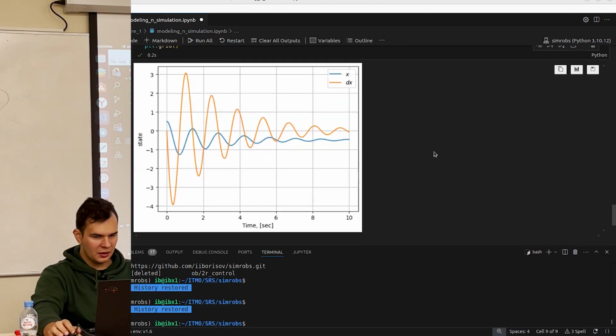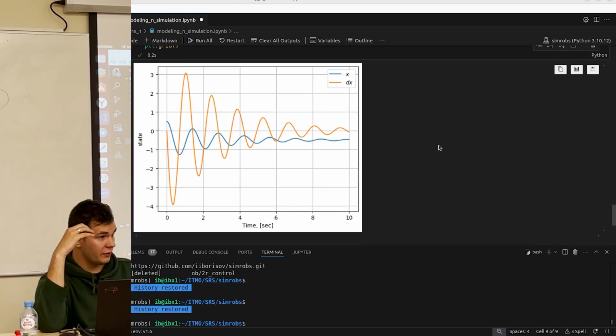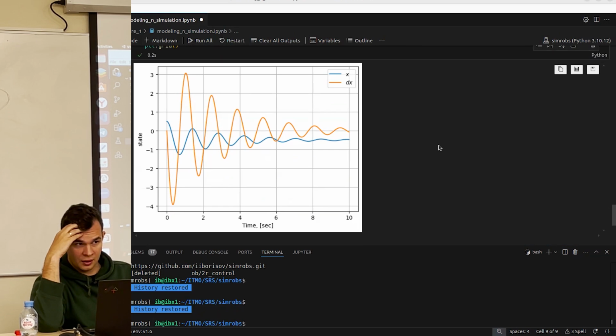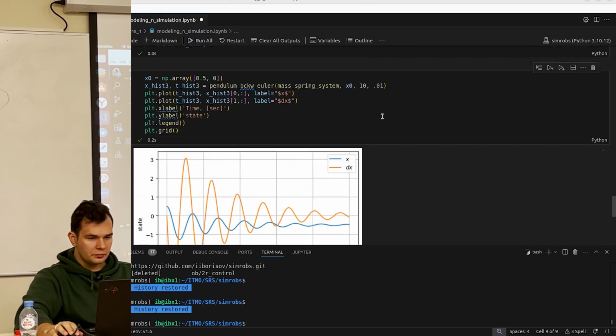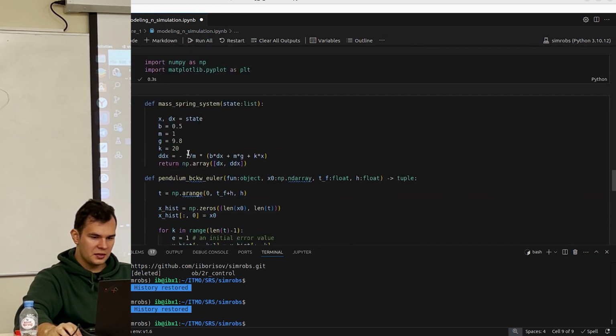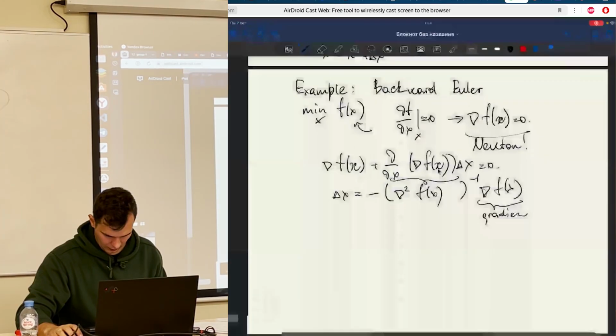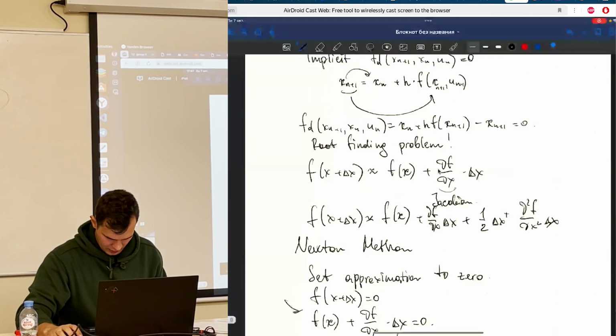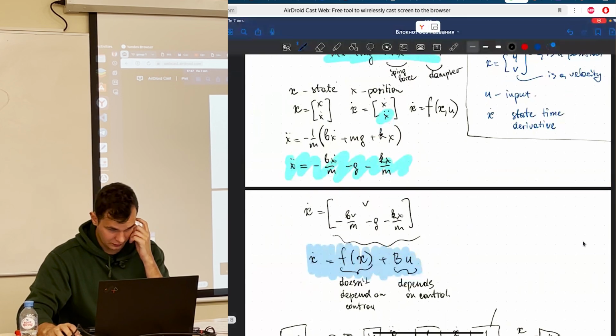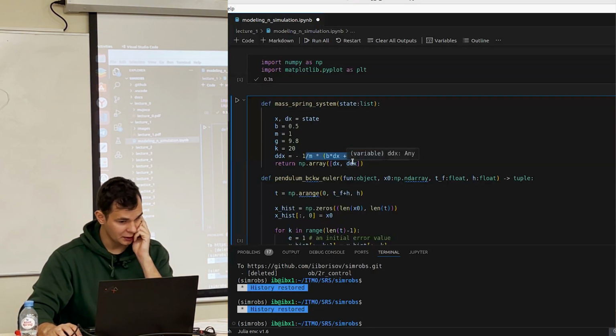And here is the result of our simulation. It is the position and velocity of a mass in a spring damper system. And this is the equation that we derived previously. Where it was the ugly stuff, and this ugly stuff is right here.